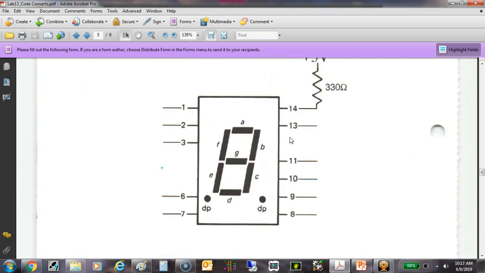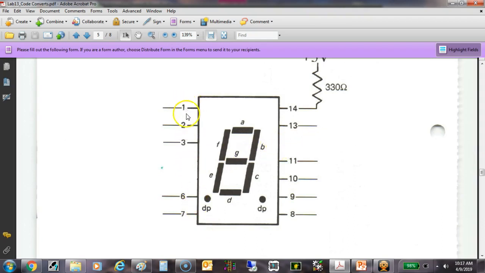So this is a 7-segment display. First of all, we're just going to see the segments. Now we're going to do the pin out. Notice the spacing for the one that we're using is a standard 14 pin spacing, except this one does not have a pin 4 and it does not have a pin 12.